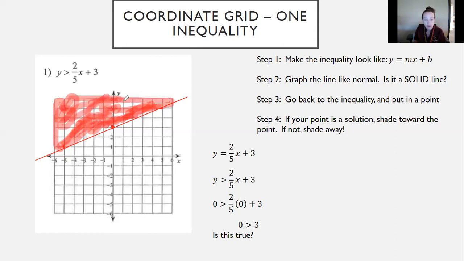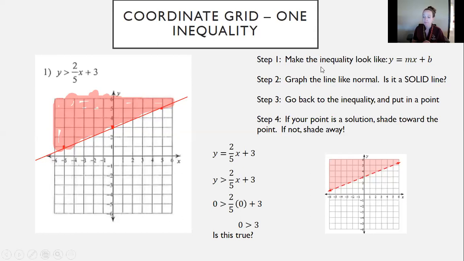Try it. Pick a random point anywhere in this shaded region, and it will make the inequality true. Okay? Anywhere in that shaded region is a correct answer. If it's not in the shaded region, it's not going to work. So let's see. There it is. You can see that that's the official line. It's dashed. That's what the solution looks like.